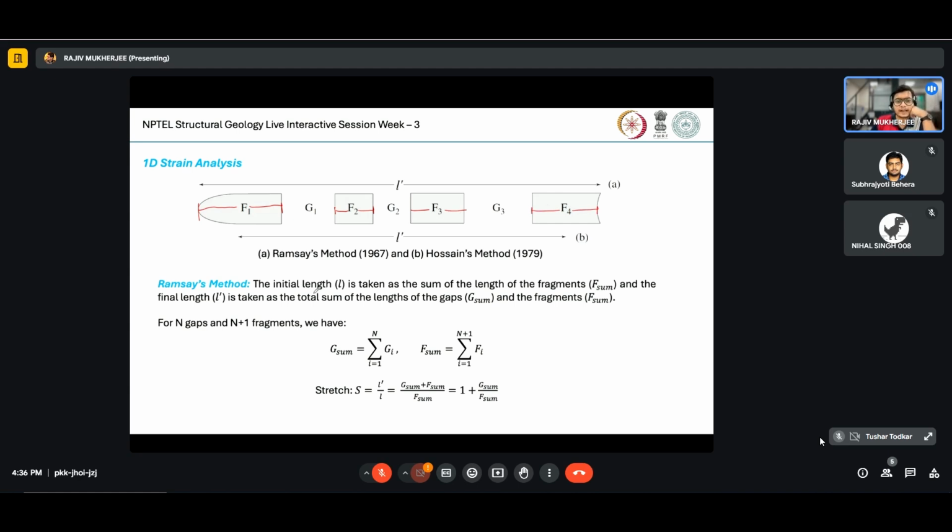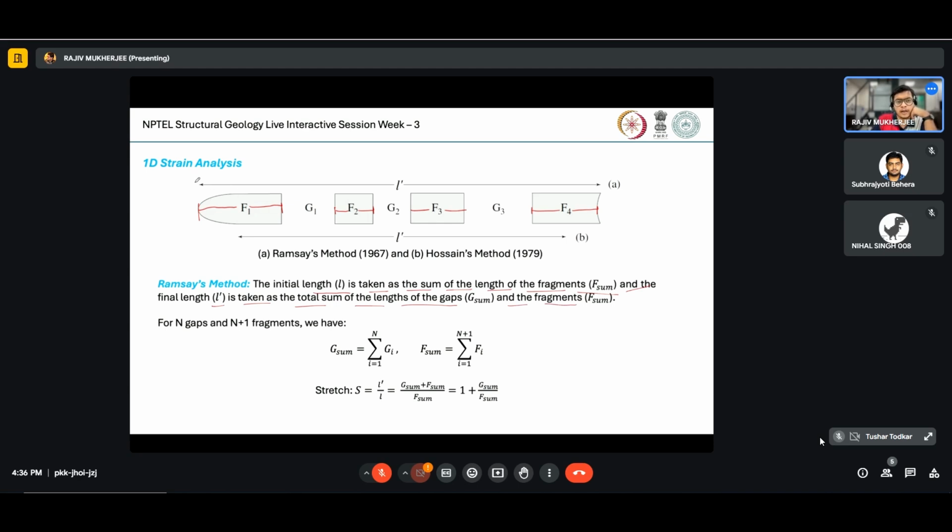So the initial length is taken as the sum of the lengths of the fragments, F sum, and the final length, L dash, is taken as the total sum of the lengths of the gaps and the total sum of the fragments as well.